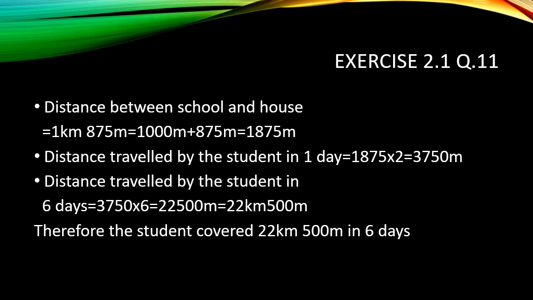Distance travelled by the student in one day is 1875 multiplied by 2, that is 3750 meter. Distance travelled by the student in 6 days is 3750 multiplied by 6, that is 22,500 meter, that is equal to 22 km 500 meter. Therefore, the student covered 22 km 500 meter in 6 days.